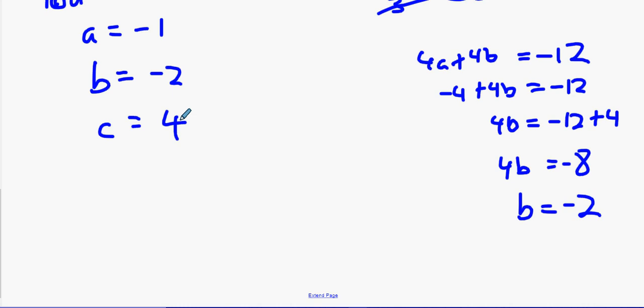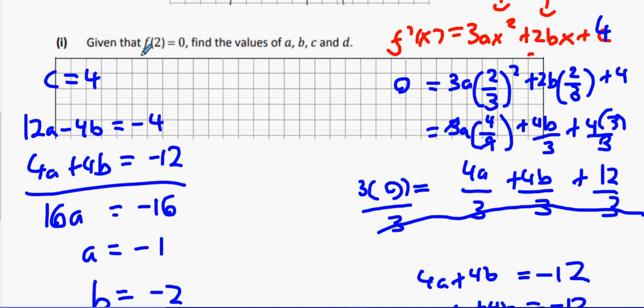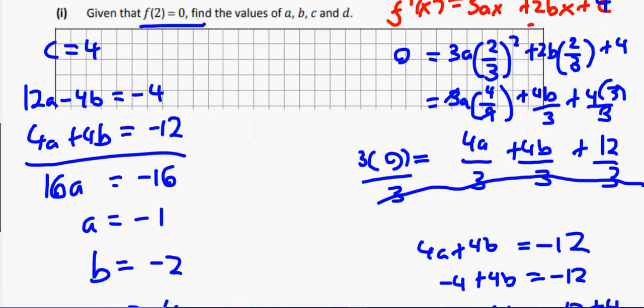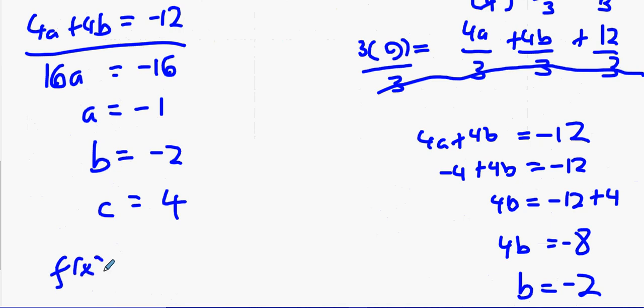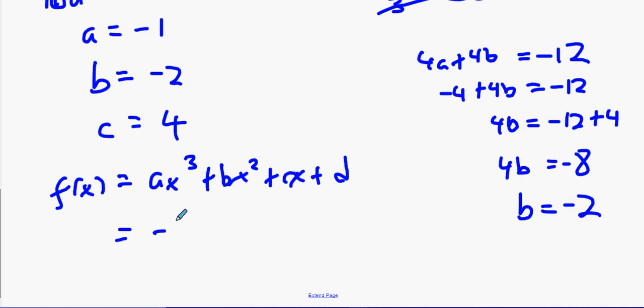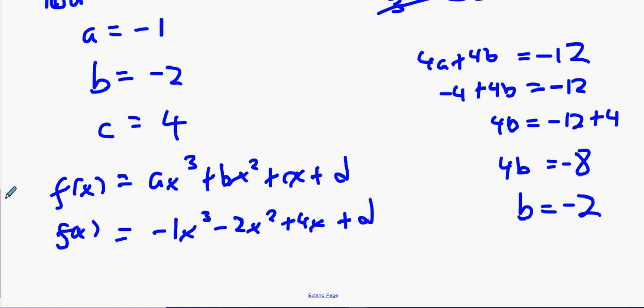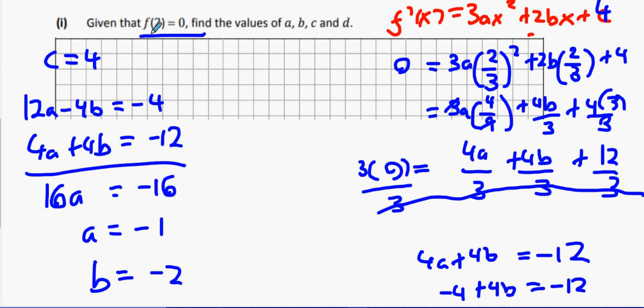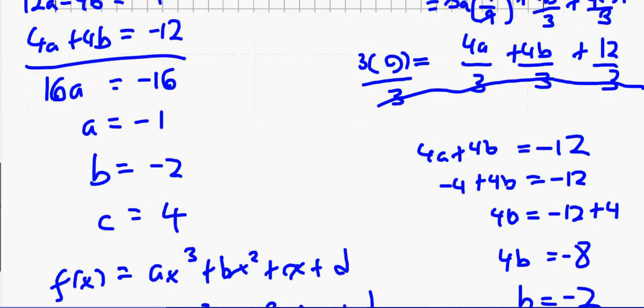Yep. Now, finally the d value, okay? We're told this, that when you use the original function, and the original function is ax cubed plus bx squared plus cx plus d, and with our values that's minus x cubed minus 2x squared plus 4x plus d is f of x, and what we're told is that when we have an x value of 2, the y value is 0 for the original function.